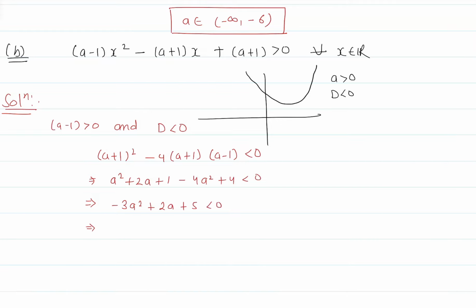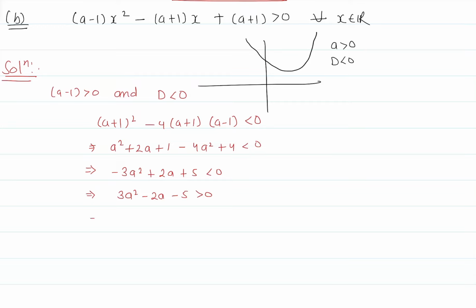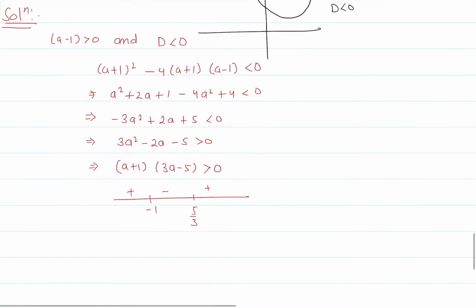Multiply both sides by minus 1, we get 3a square minus 2a minus 5 is greater than 0. Now if we factorize, we get (a plus 1) multiplied by (3a minus 5) is greater than 0. Represent the critical points. This point is 5 divided by 3, this point is minus 1, plus minus plus.